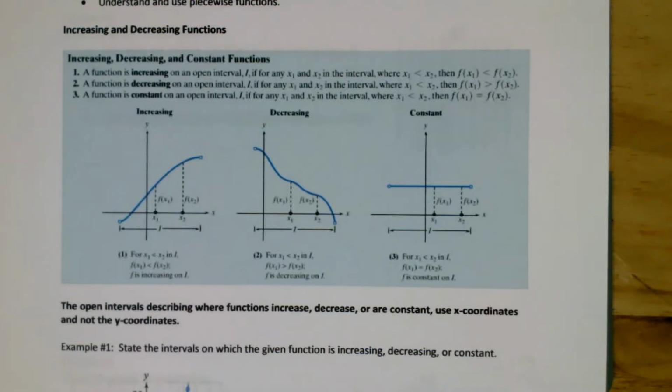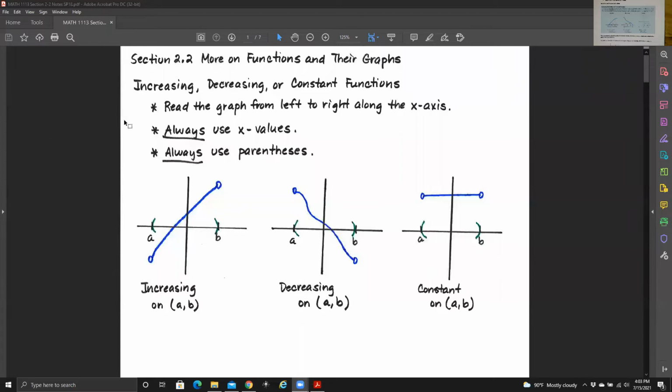So let me summarize something that I shared with my lecture classes. The three guidelines. Number one, you want to read the graph from left to right along the x-axis.